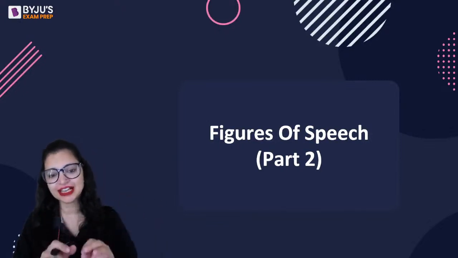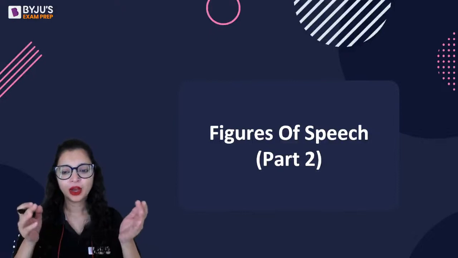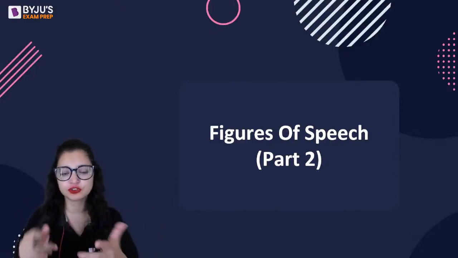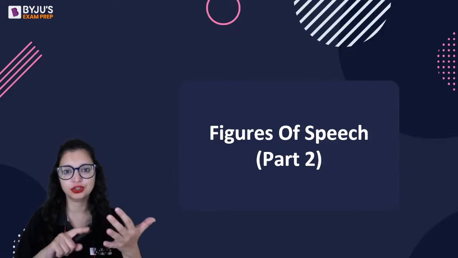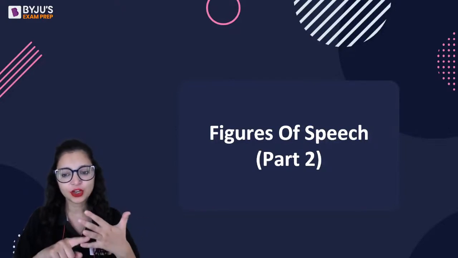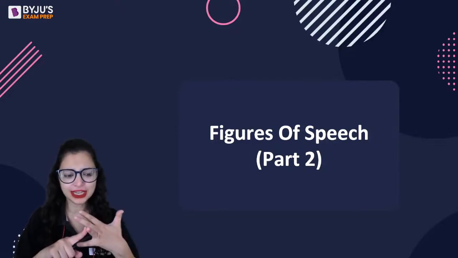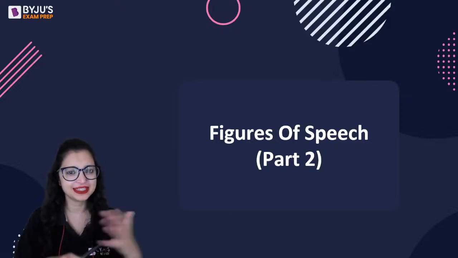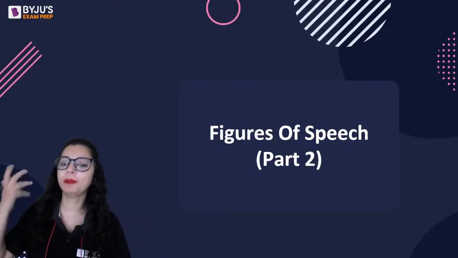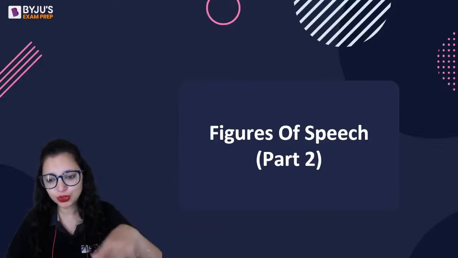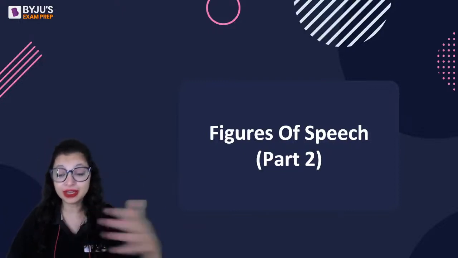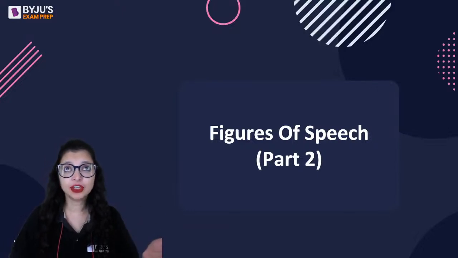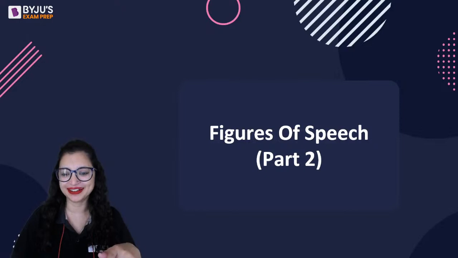Watch part 1 once again, and the basics we did in figures of speech, like simile, metaphor, personification, oxymoron, those were all the common ones. I hope you have watched all of that and practiced it from your grammar book and your topic test. We're going to dwell deeper into the trickier ones, something that's not very widely seen. And if you're sitting for your 12th, it's a win-win for you because it's going to be a part of your course as well.